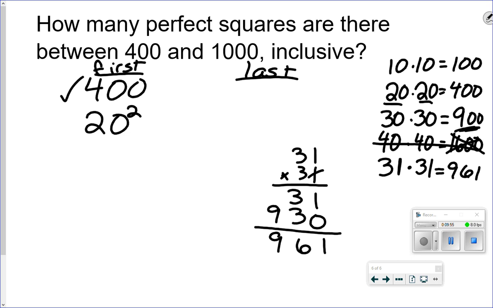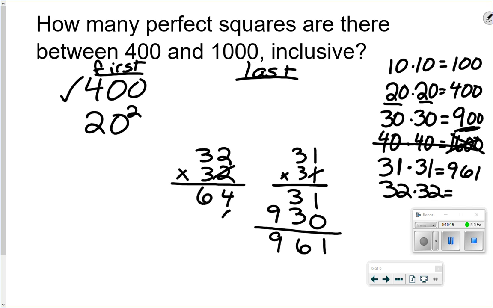Okay, there's still no guarantee that that's the biggest one. It's pretty close. I'm going to try 32 next and see if that gets me even closer or if it goes over. So we'll see, does 32 squared give us a perfect square still under 1,000? I'll multiply these together.